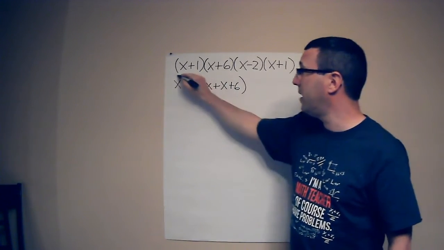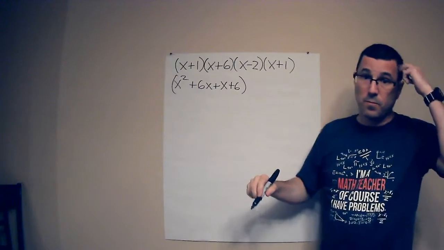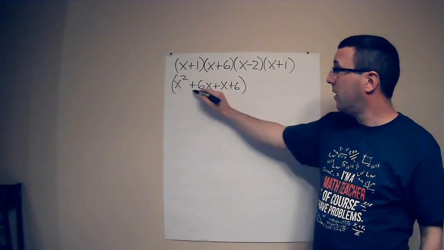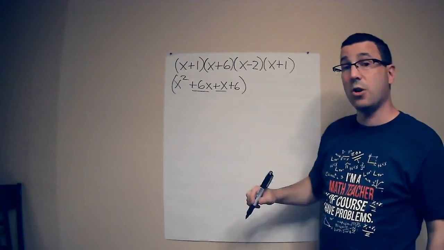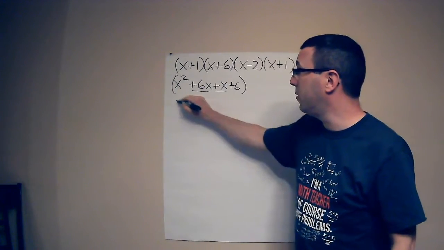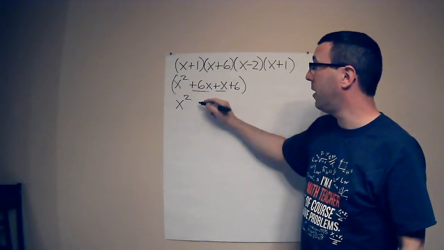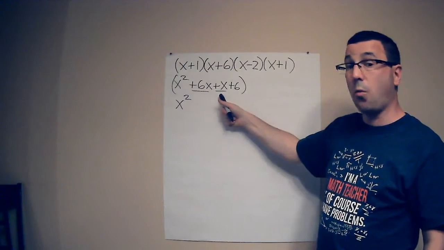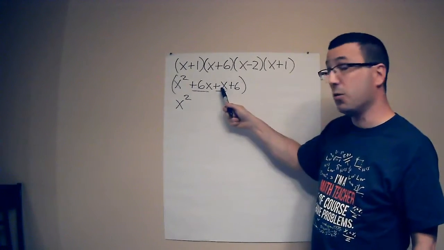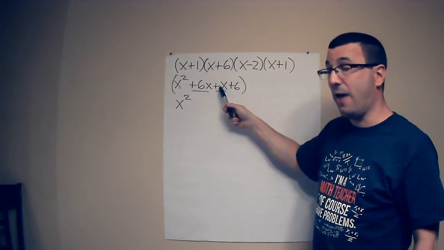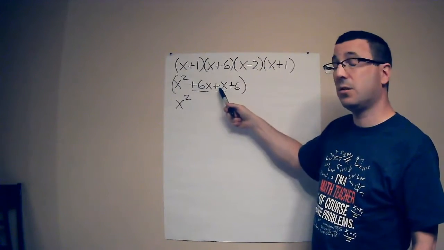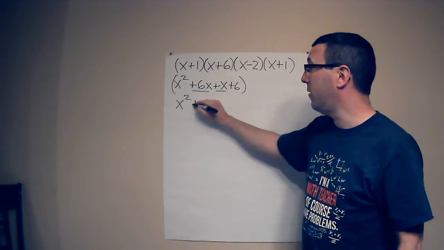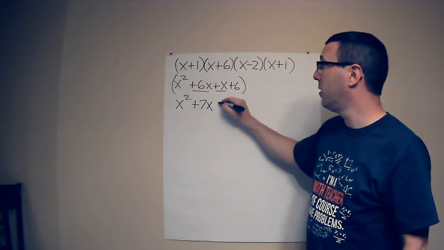I'm going to put that in a parentheses. I look, I have like terms in the middle. I'm going to do x squared plus 6 plus 1 x. Remember, there's a 1 there. So you have to add a 1. Plus 6 plus 1. So I have 7x plus 6.